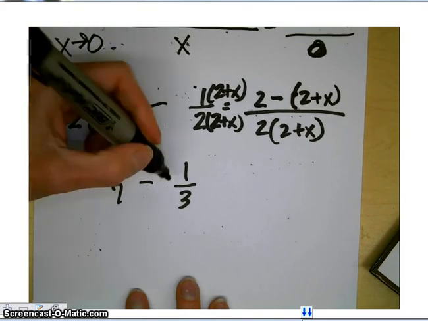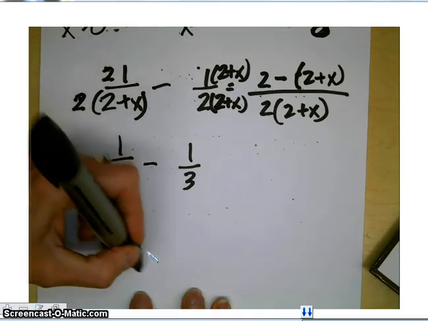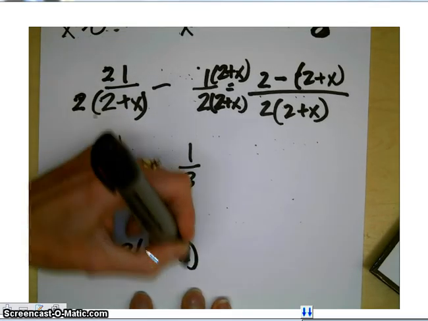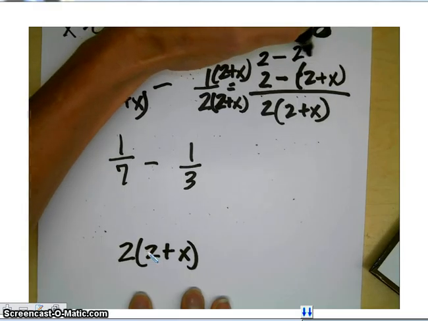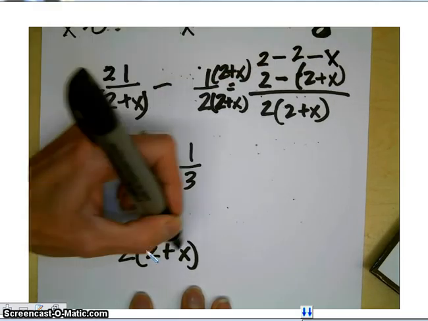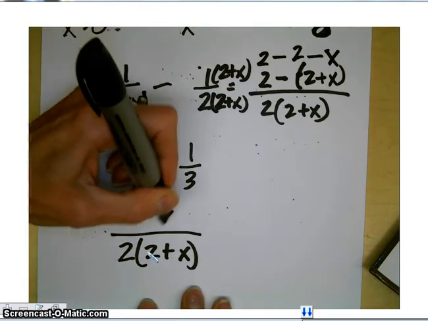Okay, so now I have the common denominator of 2 times 2 plus x. Distribute the negative, so that'd be 2 minus 2 minus x, which gives me what on the top? 2 minus 2, it's negative x.